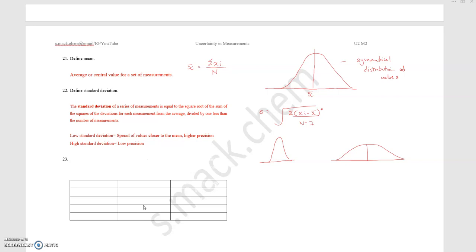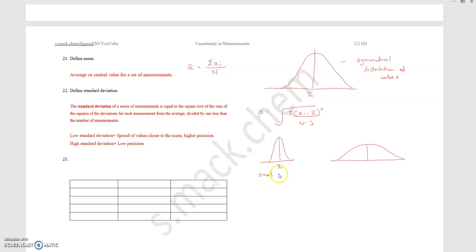I'm going to use the bell distribution curve to show what low and high standard deviation means. So if we have our experimental values which are close together in a small range like this, clustered around the mean, that indicates that the standard deviation is small.